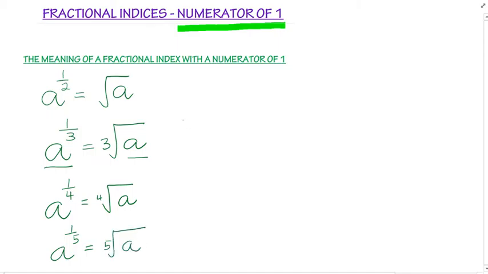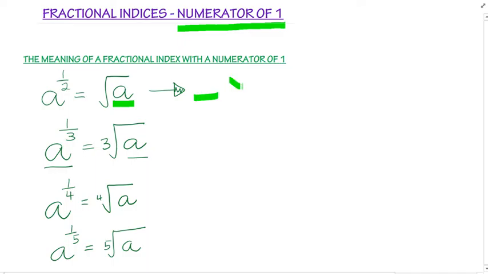Now let's just recap what this really means. What does it mean when I say the square root of a number? Remember, you're asking yourself which number multiplied by itself gives me the value under here. So in this case, which value multiplies by itself to give me a?